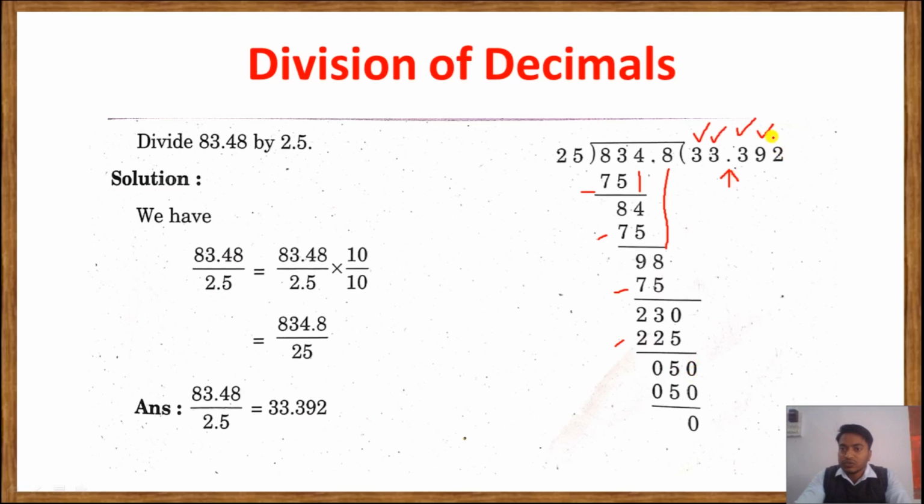Now it will go 2 times. 25 into 2, 50. When we subtract, we'll get 0. Understood? So the answer is 33.392. This is how you can solve when you have a decimal number and you have to divide it by another decimal number. This is the way to solve.